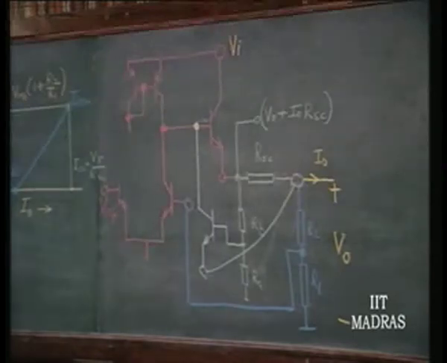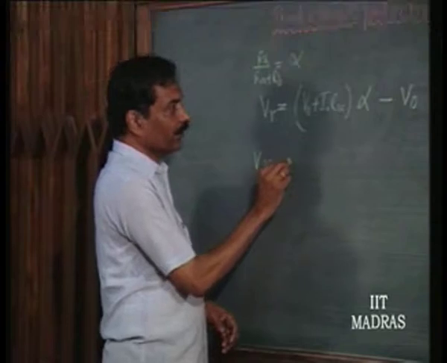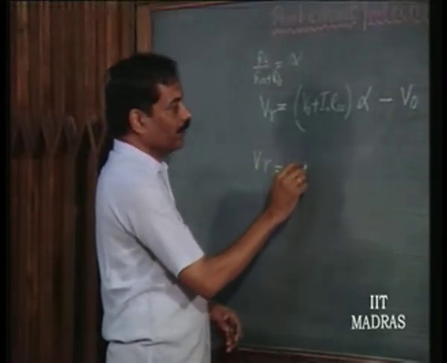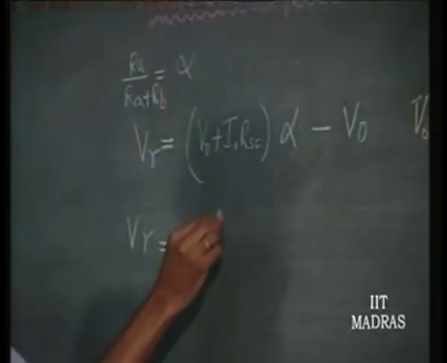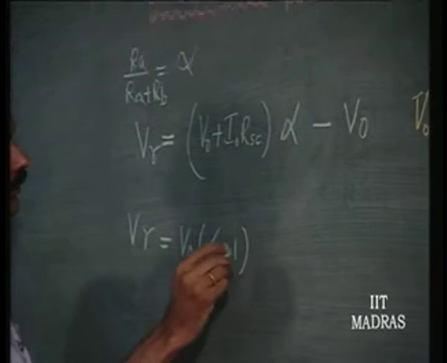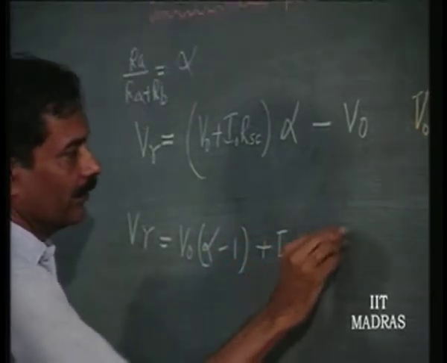So, what is this going to be now? This is nothing but V gamma equals V naught into, what? Alpha minus 1 plus I naught RSC alpha.